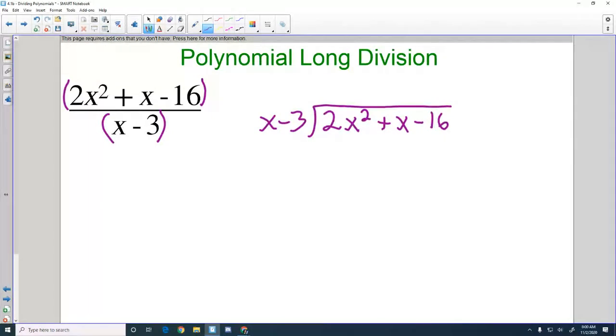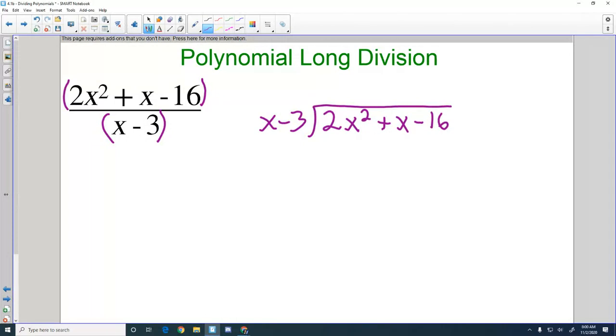We're good, because x minus 3 is x to the first minus 3, and underneath the division bar we've got x to the second, x to the first, and then x to the 0, technically. Those are both in standard form, so we're all set up for long division.